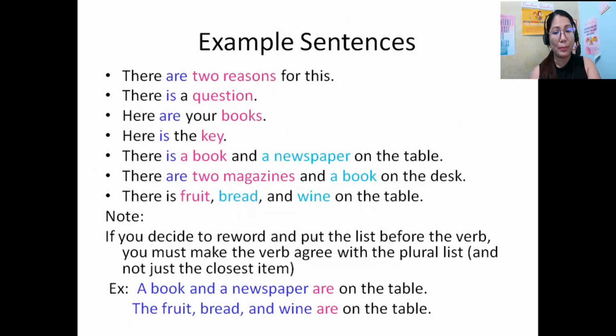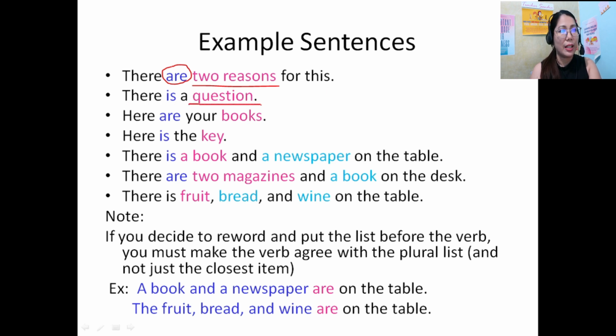Okay, let's have example sentences. There are two reasons for this. Since we see two reasons here, apparently plural, we have to use are. So we depend on the subject after the verb. There is a question.